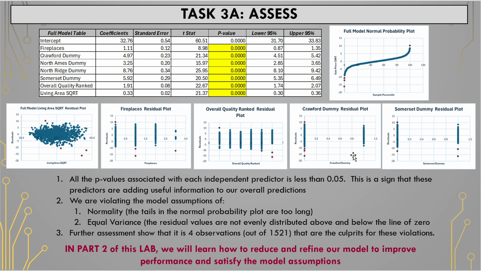In part 2 of our linear regression lab, we're going to learn how to remove these values from the data and rerun the model so that we're no longer violating those model assumptions. And then we're going to learn how to use this model for prediction.